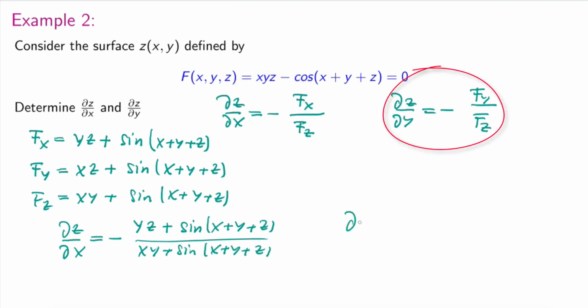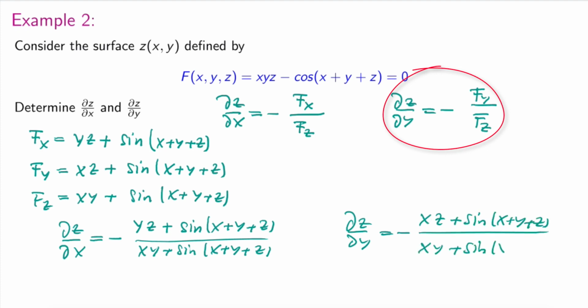And then the other one, dz by dy, would be minus the partial y derivative divided by xy plus sine of x plus y plus z. Yeah, so this method turns out to be rather easy. Memorize these two formulas, and then you only have to do simple partial derivatives to find an implicit derivative for this surface.